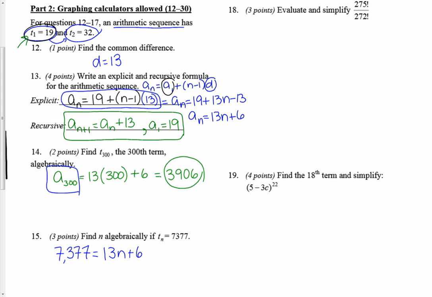So I just need to solve this equation. By the way, these things could have been done without a calculator, because so far I haven't done any heavy-duty math. So I'm doing 7,377 minus 6, which gives me 7,371 equals 13n. Then I would divide both sides by 13, which gives me 567. So that's my answer.